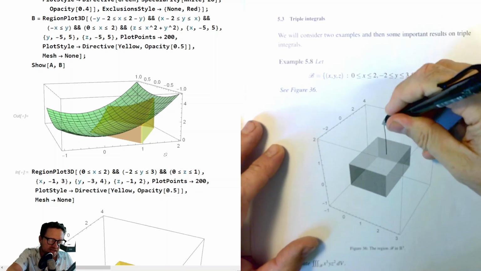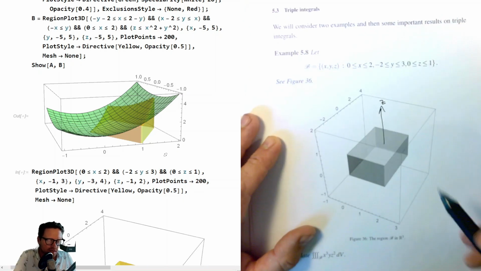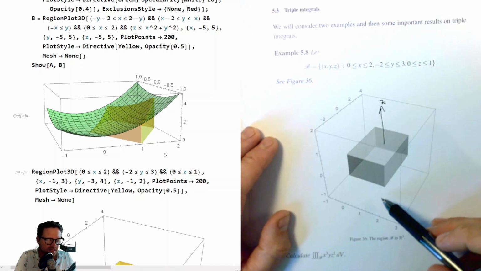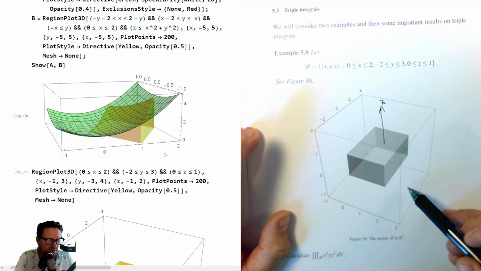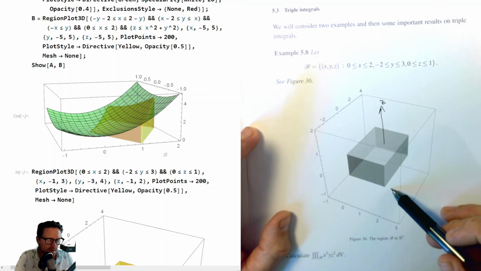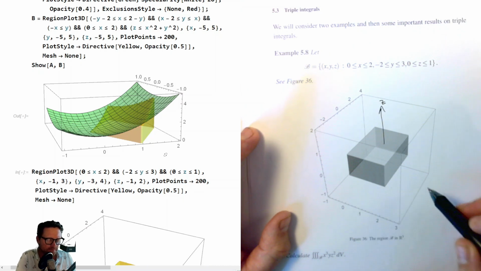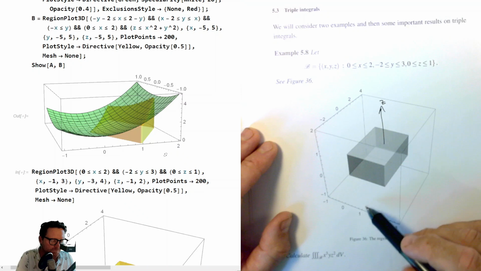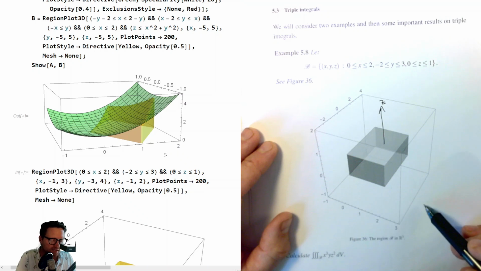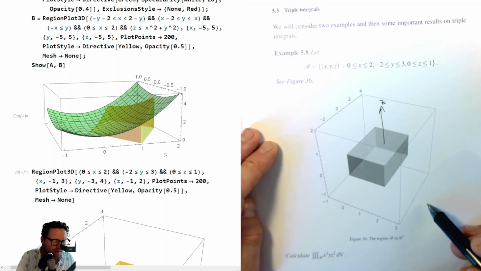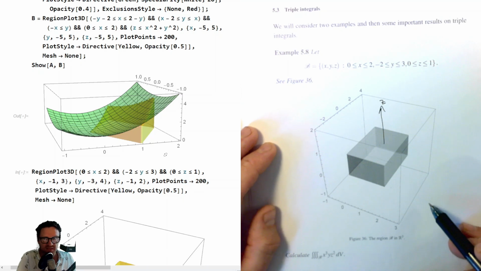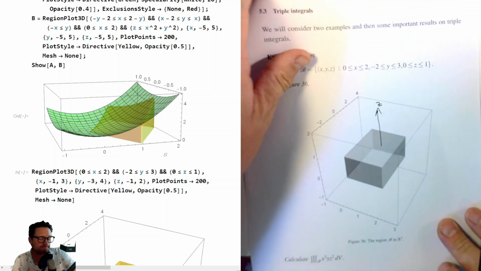Okay, so we've got our z-axis, and then this looks like it's, let's see, what is this? This looks like the y. Is that right? Coming out this way. No. Maybe this is, you know what, I can't tell where the axes are at this point.